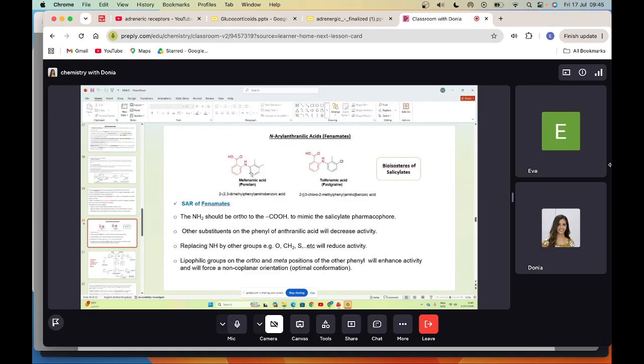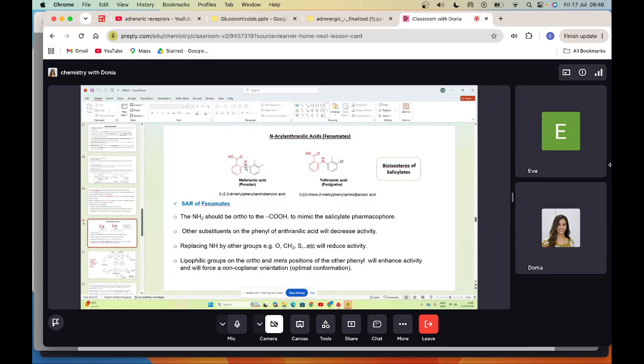Substituents on this other aromatic ring in the ortho and the meta positions increase the activity. However, this ring, the anthranilic acid ring, should not have any substituent on it. Any substituent on this benzene ring of the anthranilic acid would decrease the activity. This nitrogen should remain nitrogen.